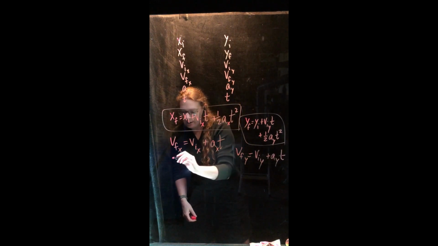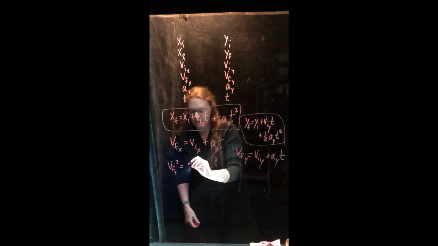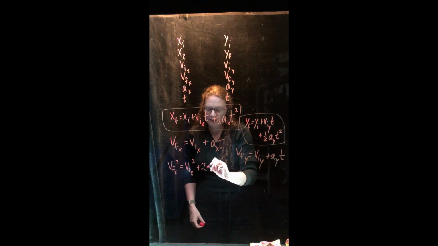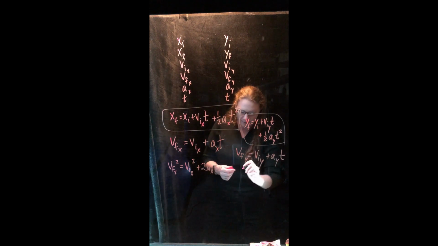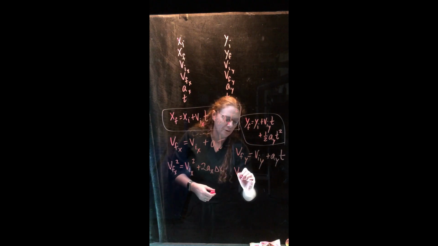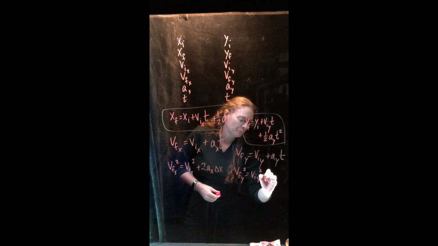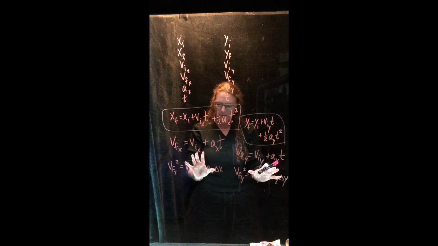And then the third one, v final x squared equals v initial x squared plus 2 times acceleration in the x direction times change in x. And then the last one, v final y squared equals v initial y squared plus 2 a y change in y. So there's our 6 equations now.